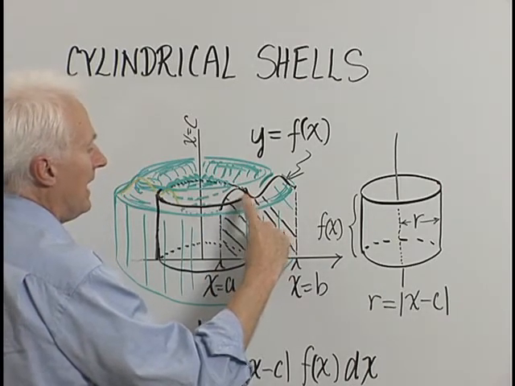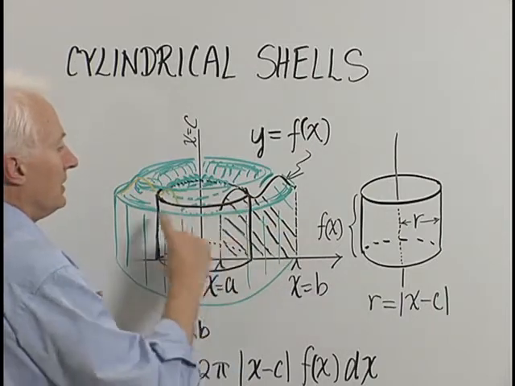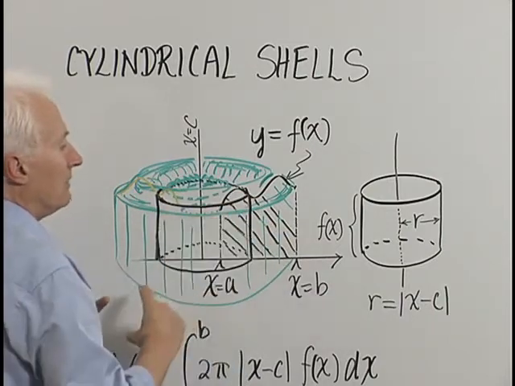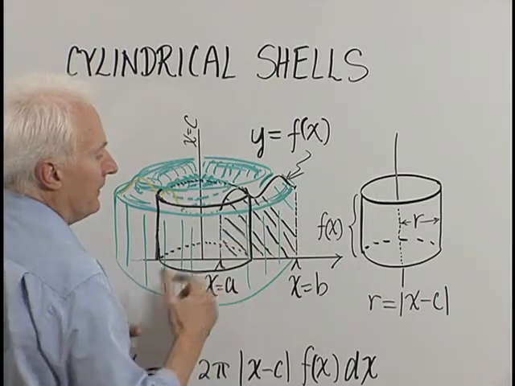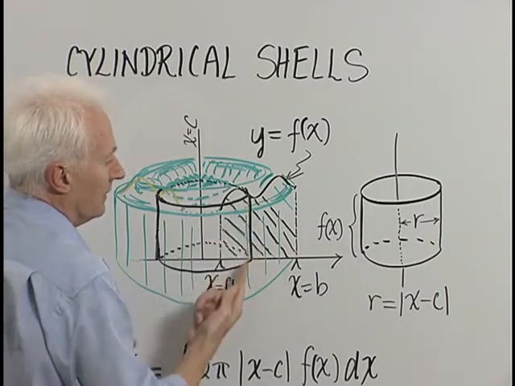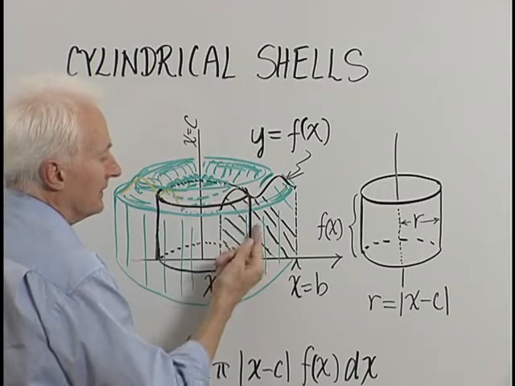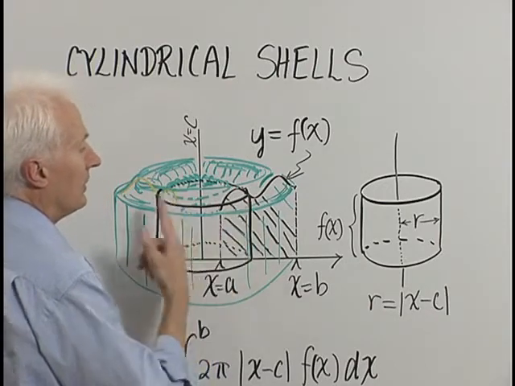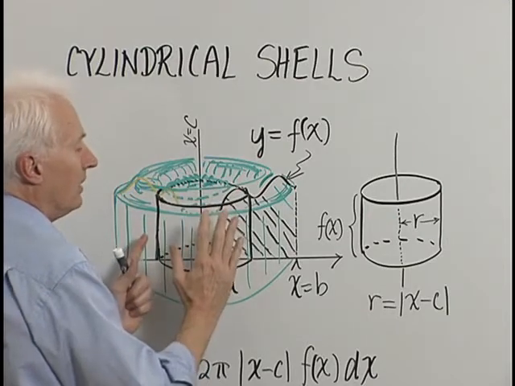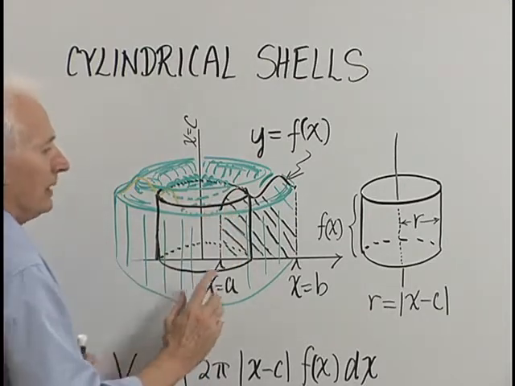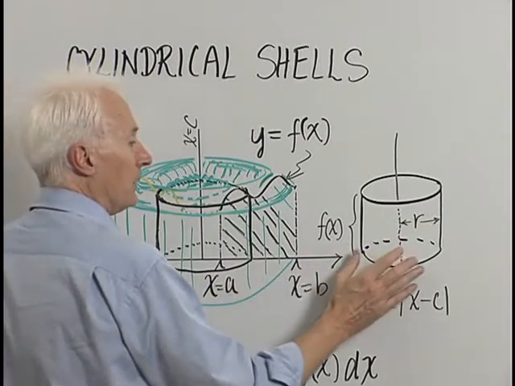If I revolve that around the rotation axis, notice it sweeps out a cylinder, and we can think of that cylinder as having a certain thickness, the thickness of the little segment there. It's got a thickness, and so that swept out a certain volume, and that volume is like a shell in a cylindrical shape. In more detail, look at it right here.